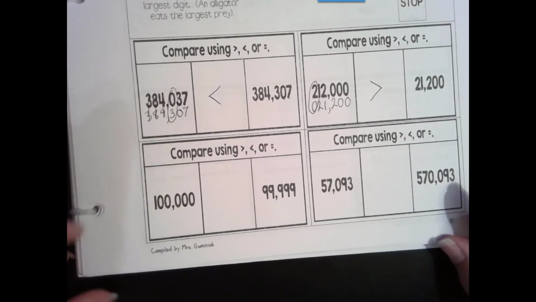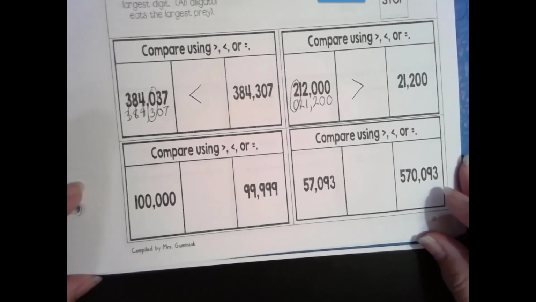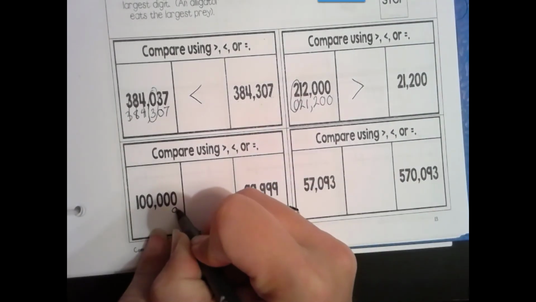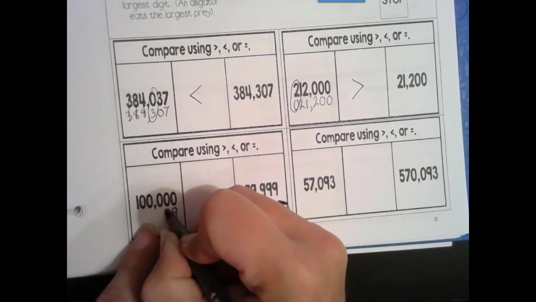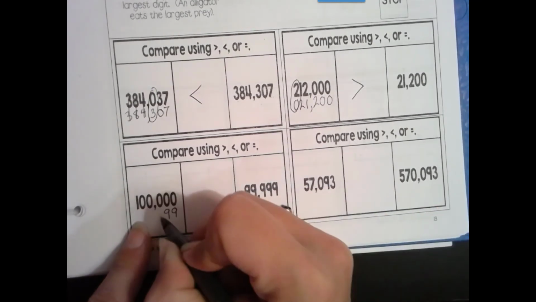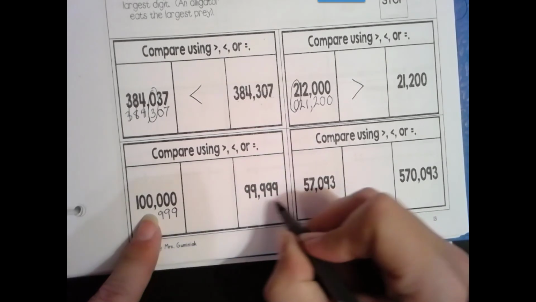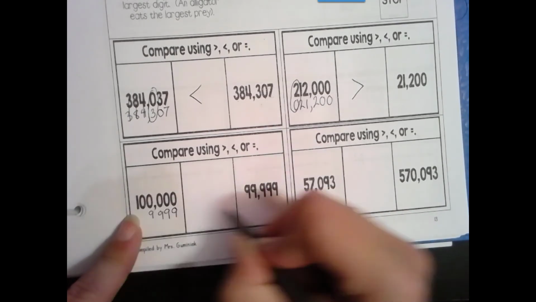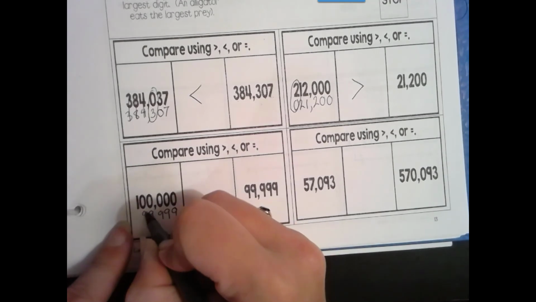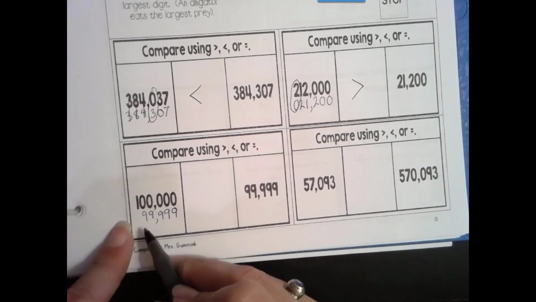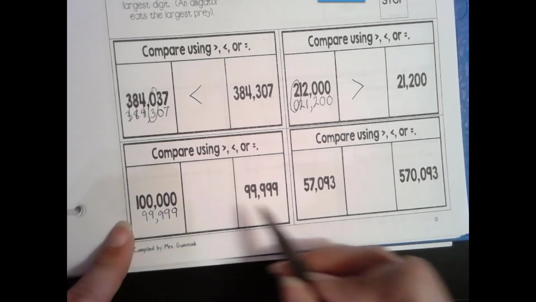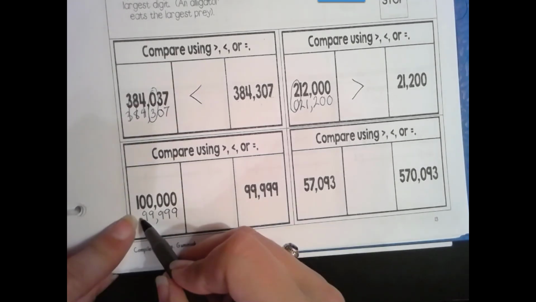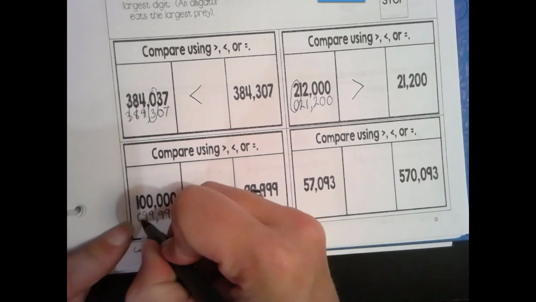Okay, here's our next one. So we're going to line up 9, 9, 9. Okay, then our 1,000 is also a 9. And then 10,000. I have 1, 2, 3, 4, 5 9s here. But in this 100,000s, there's a blank, so I'm going to put my placeholder.